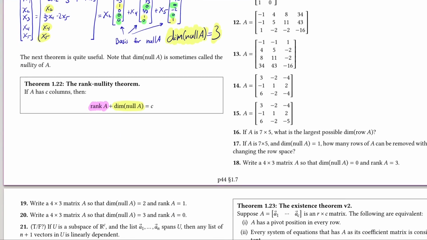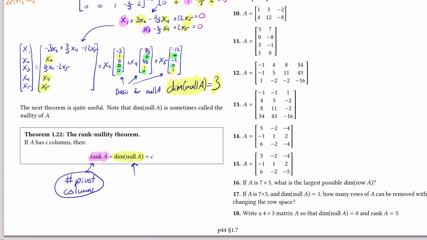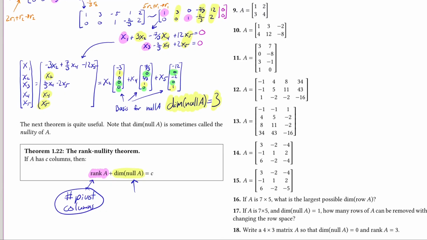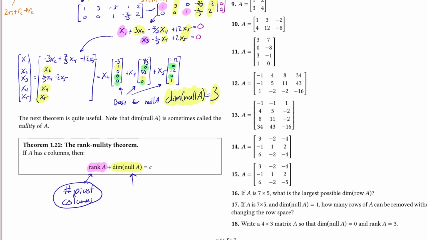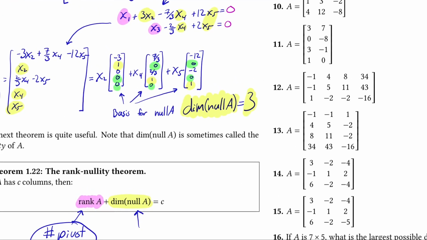And the reason for this, we've already explained why the rank of A is equal to the number of pivot columns, and the dimension of the null space is equal to the number of non-pivot columns. Because, as we've been saying, each one of the non-pivot columns gives you a free variable in the solution, and each one of those free variables corresponds with a vector in the basis that is going to be linearly independent from the other ones, the way you set it all up.